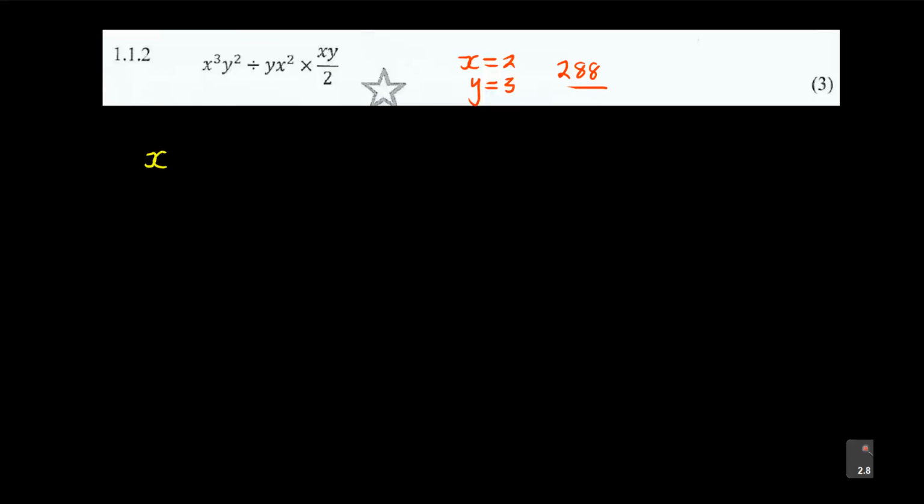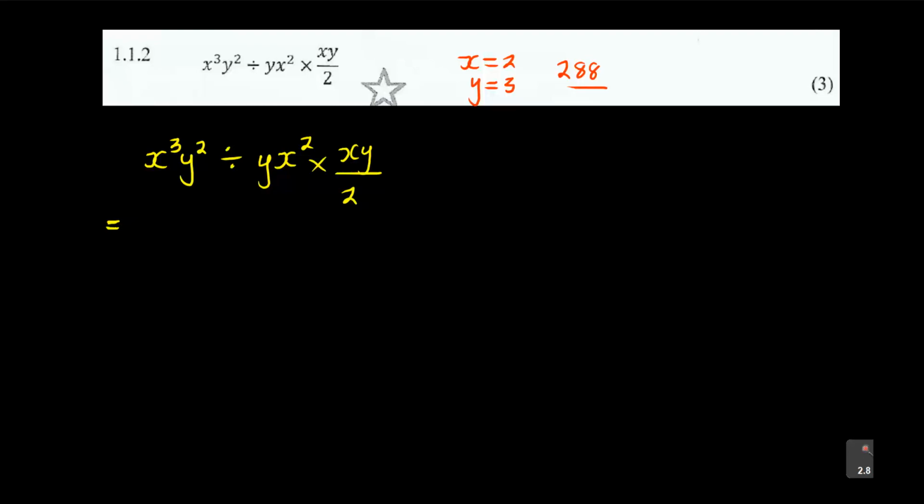It's x cubed y squared divided by y, x squared times xy over 2. Now this is where the light bulb came, that's what you have been missing. Now look at this.